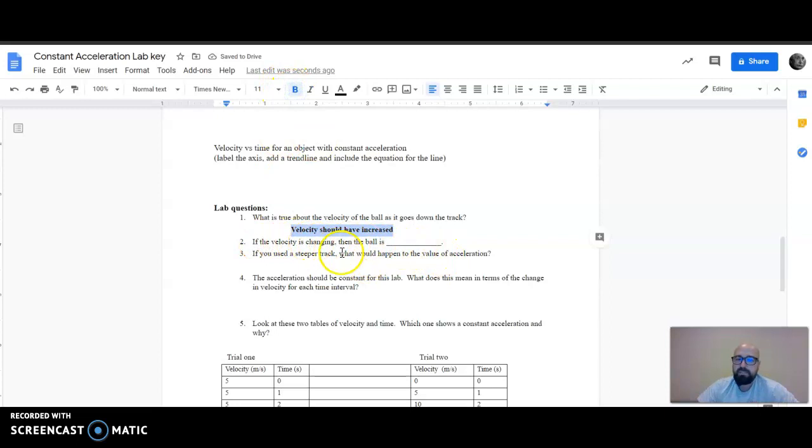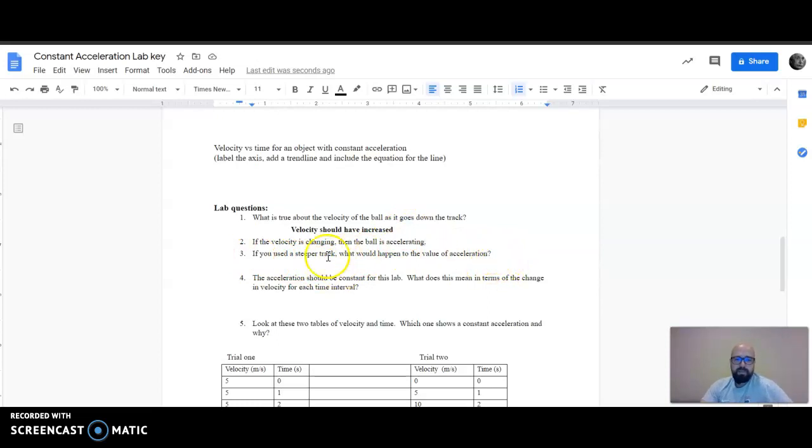And then here, if the velocity is changing, what I just want you to understand is kind of a definition type question. If the velocity is changing, then that means that the ball is accelerating. You gave me some varied answers in there, but I just want you to know that if we have a velocity change, that's an acceleration.